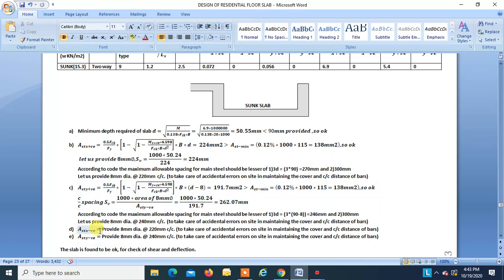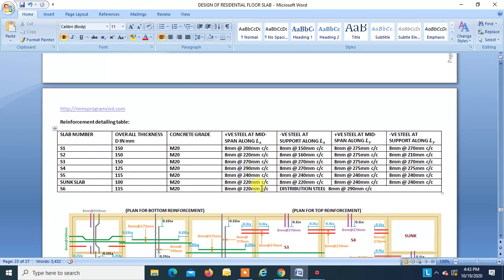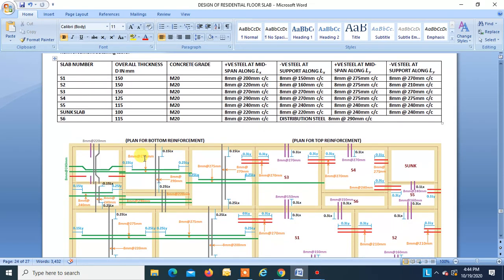Okay, so Ast x negative we will provide 8 dia about 220 center to center, and Ast y negative we will provide same as provided over here, right? 8 dia about 240 center to center. Okay, the slab is found to be okay for check for shear and deflection, so it is not shown over here, right?